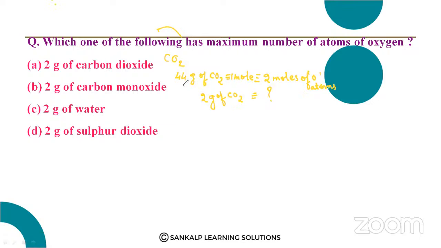For 44 grams of carbon dioxide, which equals 1 mole, it has 2 moles of oxygen atoms. So for 2 grams of carbon dioxide, how much? You cross multiply and it will be 2 upon 44 into 2. What will be the answer? Try to solve this.